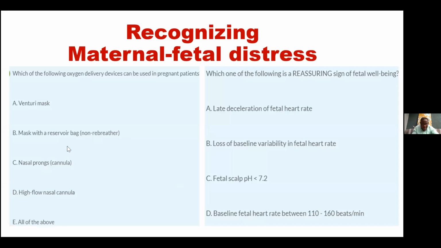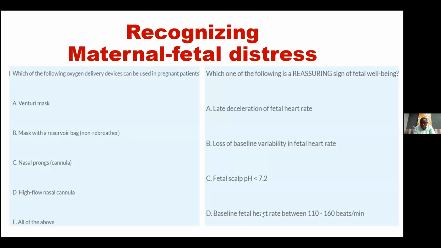So some are using mask with reservoir, and we can see more people are using all the above. Let us say that you are all right, but all the above is the most likely correct answer.